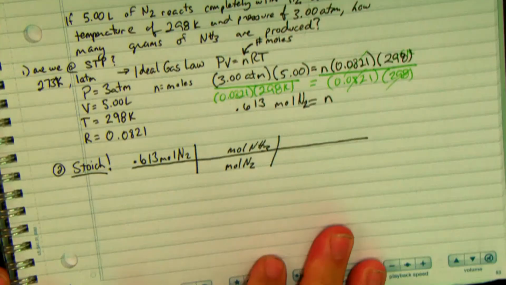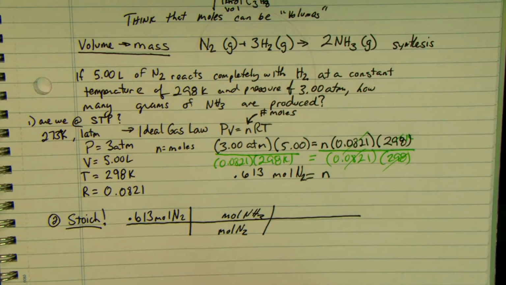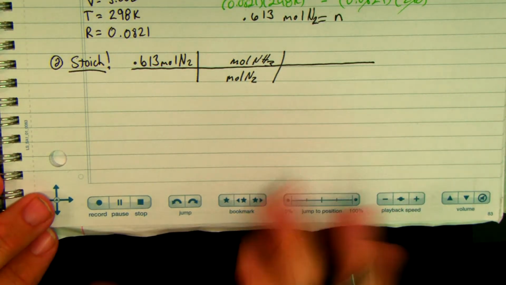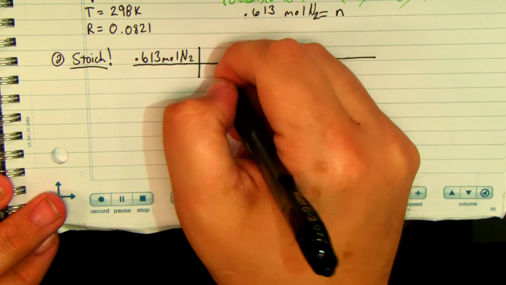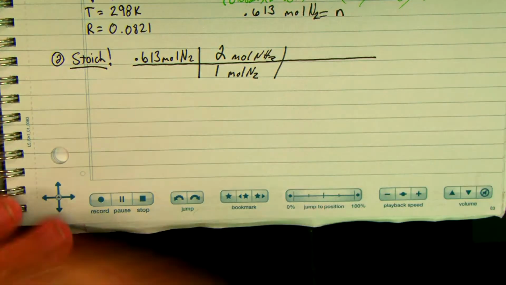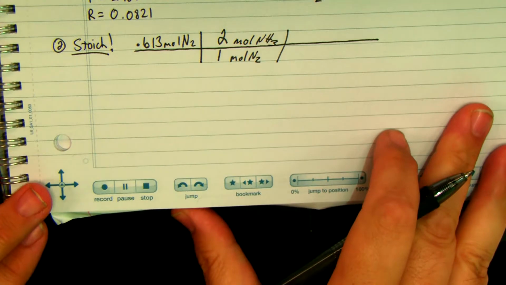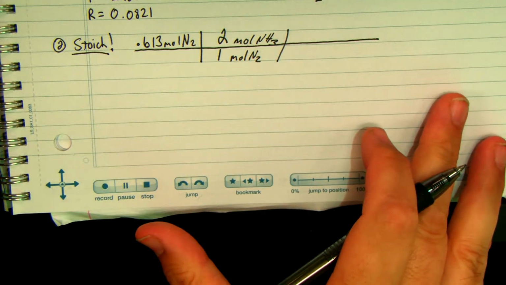So, what's the mole ratio? How many moles of nitrogen to moles of ammonia? Yeah, 1 to 2. So we got 1 to 2 in this case.